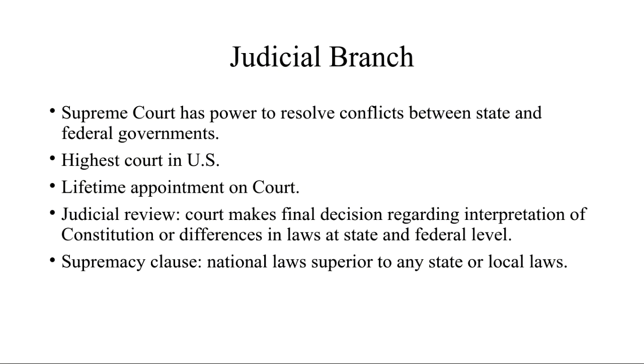But if they don't overturn the decision, that's it. And it has to be applied all across the U.S. When the Supreme Court legalized same-sex marriage in 2015, every state had to allow for same-sex marriage. They couldn't refuse to marry same-sex couples.